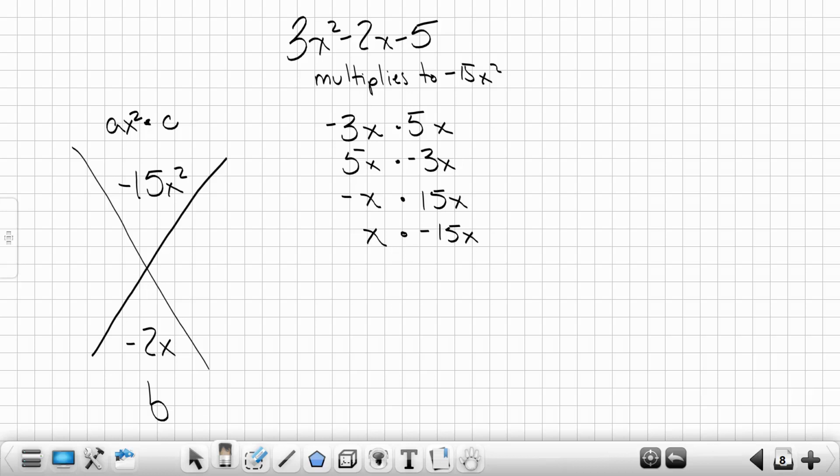Those are all the things that multiply to negative 15x squared. Those are all of our options that multiply to negative 15x squared. Now, hopefully, one of those sets adds to negative 2x. Does one of those sets add to negative 2x?